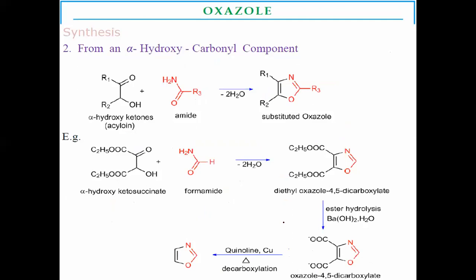Another example for the preparation of oxazole is from alpha hydroxycarbonyl compounds, which are called acyloins. These acyloins react with amides, with a loss of dehydration, to form the substituted oxazole molecules.